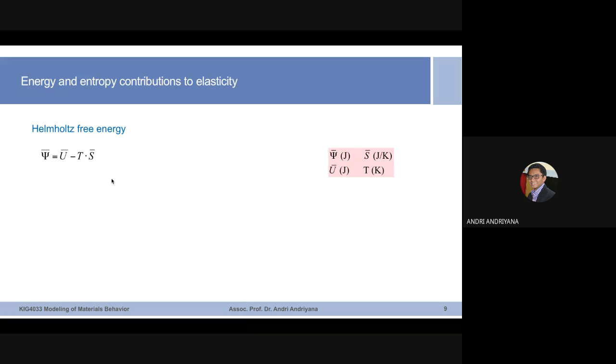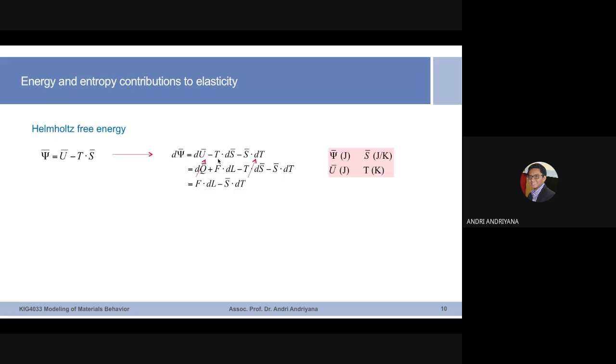So if I now look at the change of Helmholtz free energy, d psi, I just apply a simple chain rule. So d psi is simply dU minus T dS minus S dT, as simple as that. This is the chain rule.